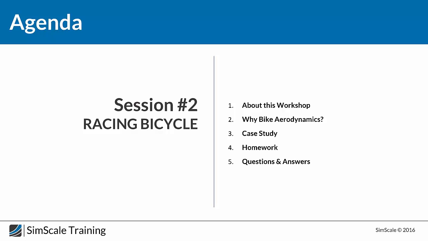First, I will quickly talk about this workshop, just to make sure everybody knows what we're going to do this and next week. After that, my colleague Akram will give you an introduction to bike aerodynamics with some very hands-on and interesting examples. Just after that, we will have a case study like last week discussing the results of a simulation study. Then we will talk about your homework and we will have time for Q&A.